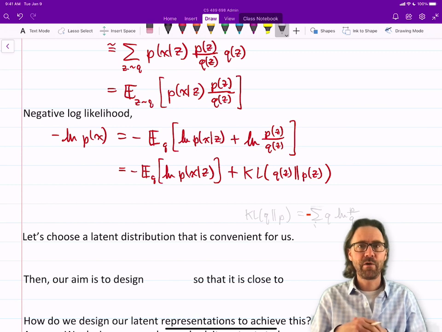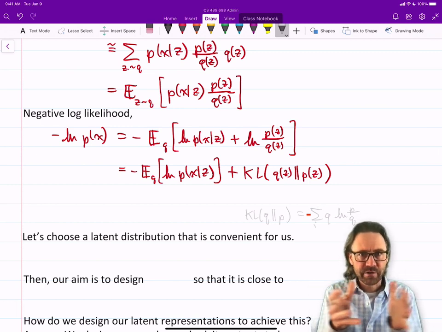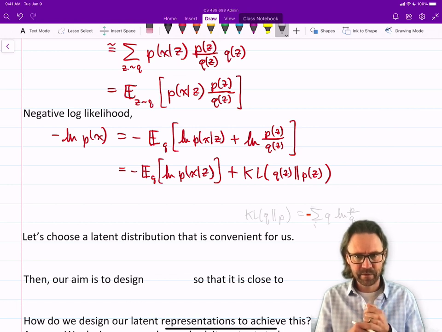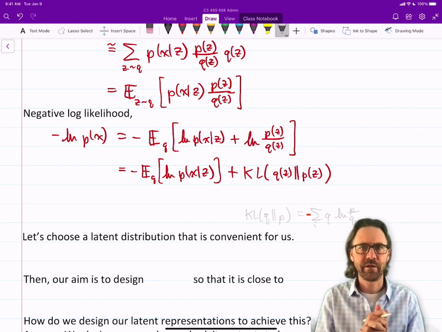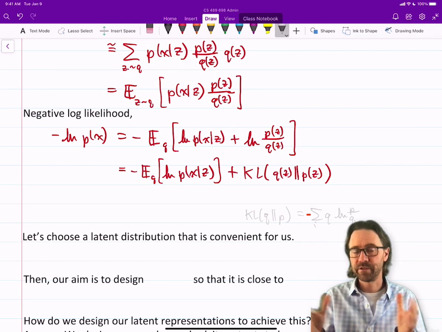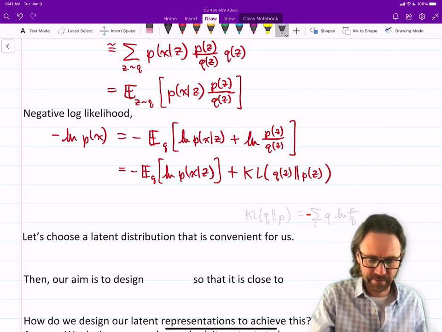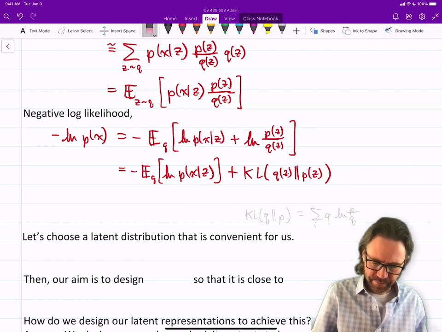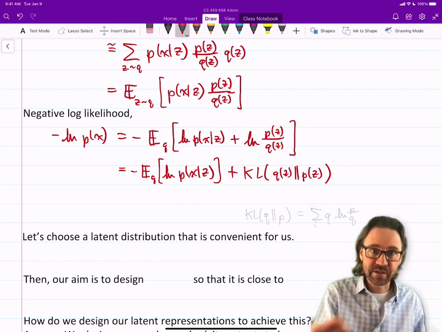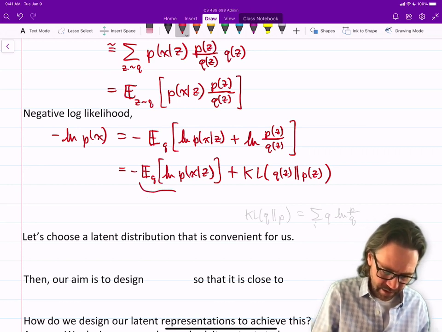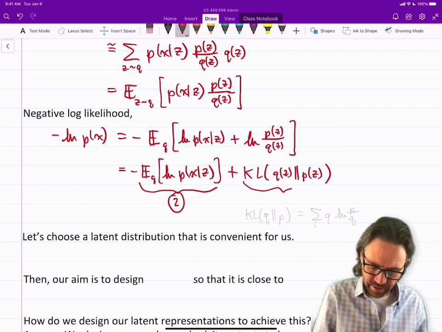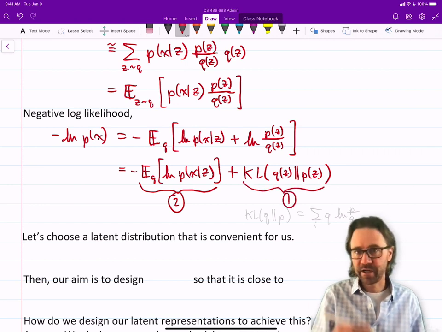So the more similar the distributions P and Q are to each other, the smaller KL divergence becomes. So it's sort of a distance measure. Now I've reordered my terms here, just to be consistent with the notes I'm looking off of. I'll call this 2 and I'll call this 1, even though I on the fly decided to switch the order of them.